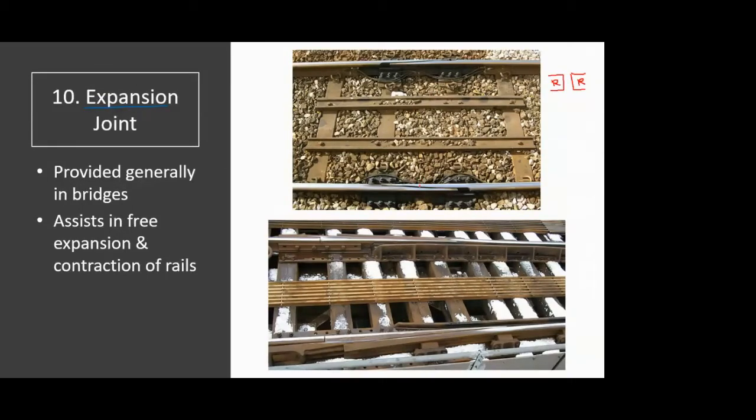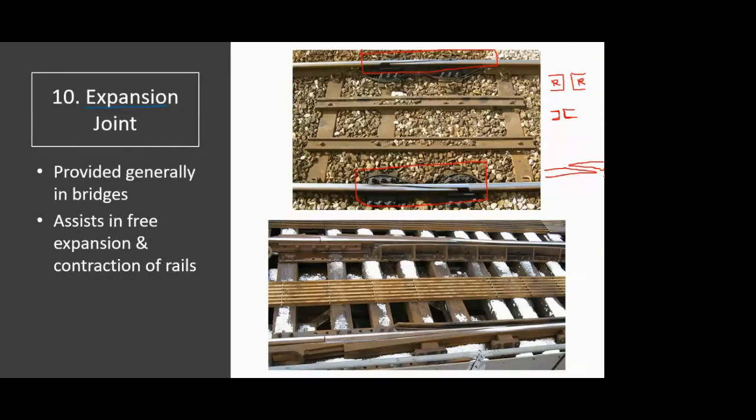But another type of expansion joint is the one shown here. If I draw this in plan, it will look something like this: two rails with a gap in between. But here rail number 1 has this kind of shape, and rail number 2 has this kind of shape.